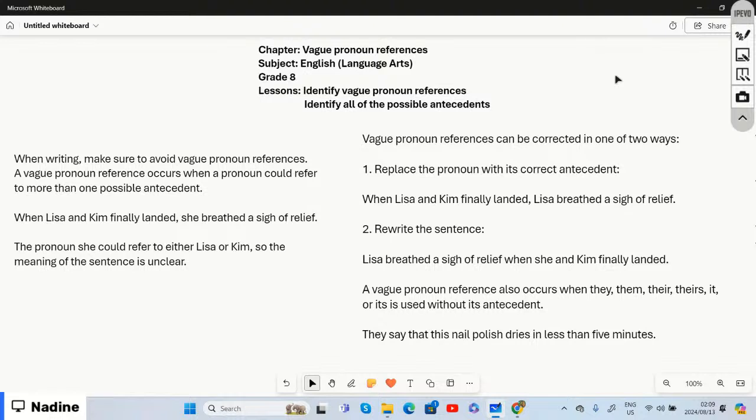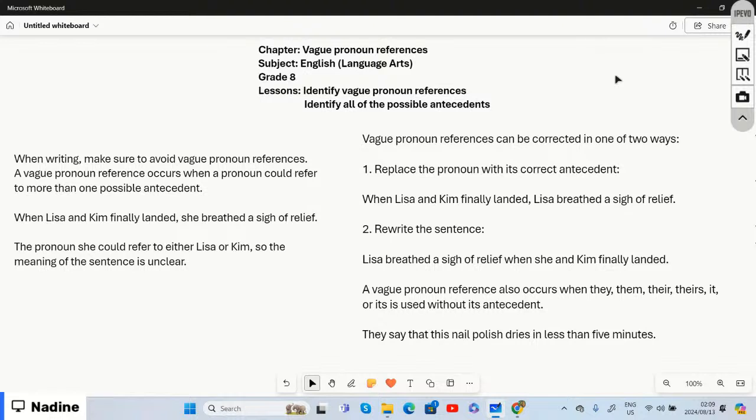So a vague pronoun reference occurs when a pronoun could refer to more than one possible antecedent. What do we mean by that?